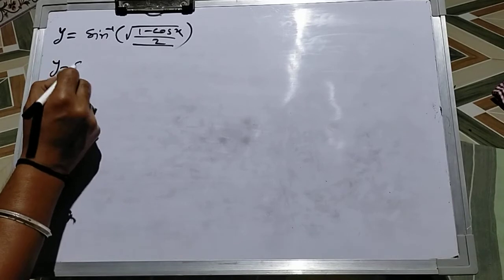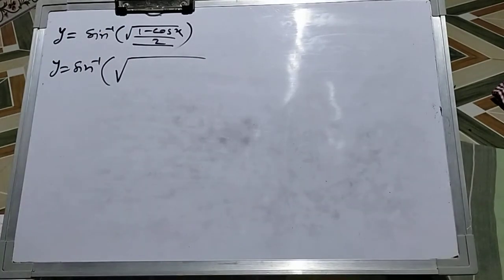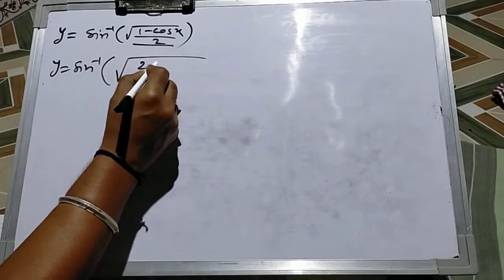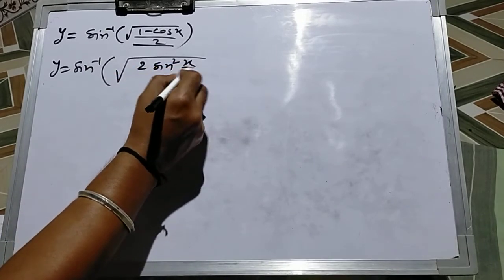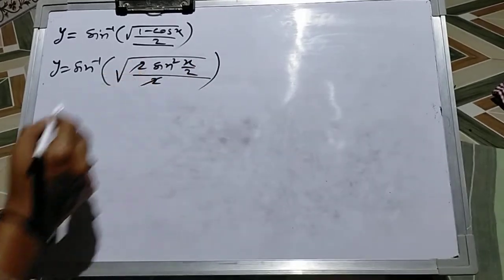So y is equals to sine inverse of root. Now 1 minus cos theta means 2 sine square theta divided by 2. So here 1 minus cos x means 2 sine square x divided by 2, divided by 2. This 2 gets cancelled.